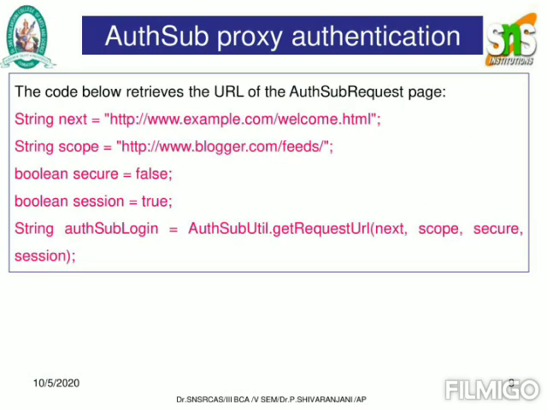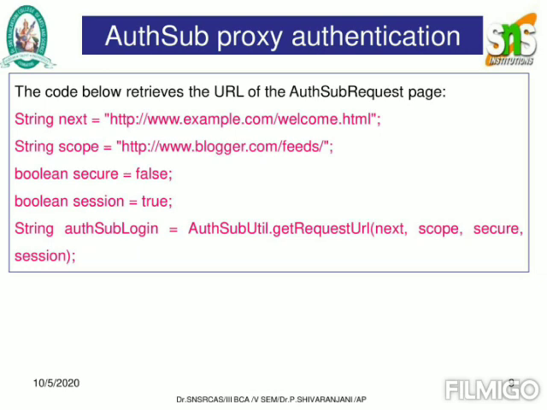So here, this is the code for the AuthSub request URL. I have used a string variable called next, which will contain the website example.com, and I'm giving a content called welcome.html. This is the file to be loaded. The next one is the scope of the particular blog, so that will keep track of the scope.